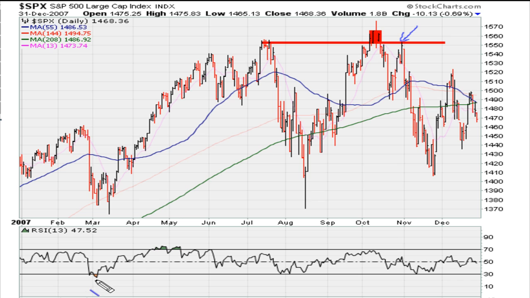Also, another way to look at this is if you draw a straight line and touch that high there. That was a break, so you take that break level, draw a straight line, and you see that it perfectly explains this high, because that was rejection, and a major almost 20% drop in the market.